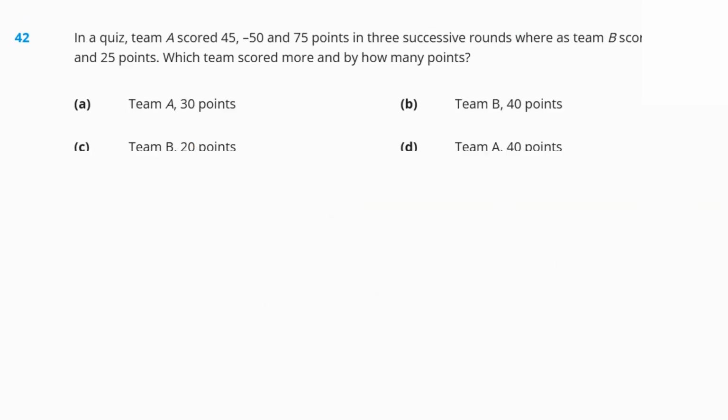Question number 42. In a quiz, team A scored 45, minus 50, and 75 points in 3 successive rounds, whereas B scored minus 45, 50, and 25. So what's the overall score? Total score of team A, 45 minus 50, that's minus 5.